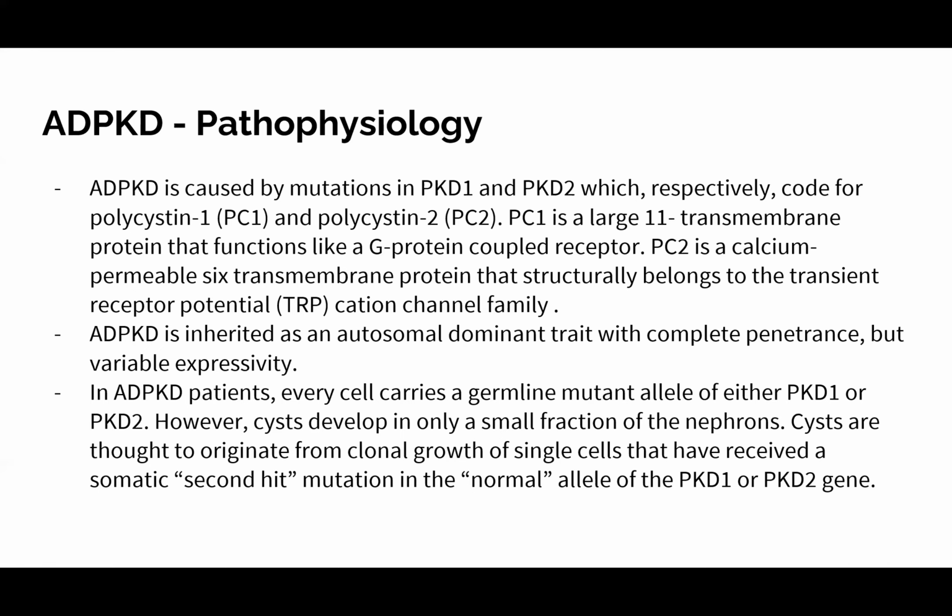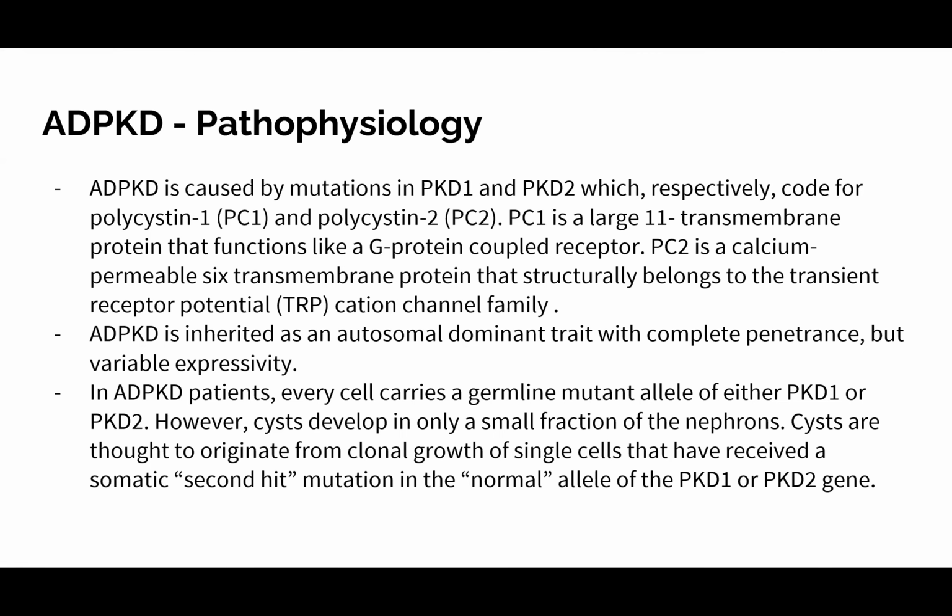In ADPKD patients, every cell carries a germline mutant allele of either PKD1 or PKD2. However, cysts develop in only a small fraction of the nephrons. Cysts are thought to originate from clonal growth of single cells that have received a somatic second hit mutation in the normal allele of PKD1 or PKD2. What they are saying here is that the PKD gene is present in every cell in the body, but out of the nephrons, only 1% develop the cyst.